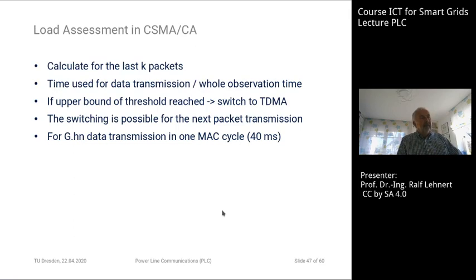And to calculate the load, this is done as a sliding window mechanism. So you calculate for the last k packets, measure the time used for data transmission via the whole observation time, and so on. So this is standard, and we use the MAC cycle, as it is called in G.hn, and that is 40 milliseconds.